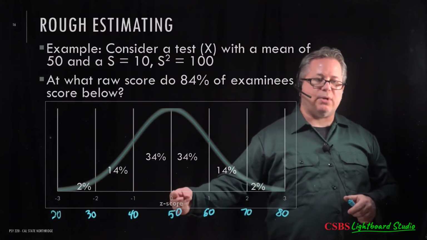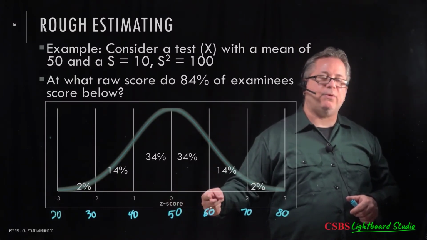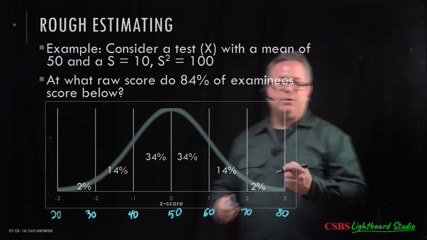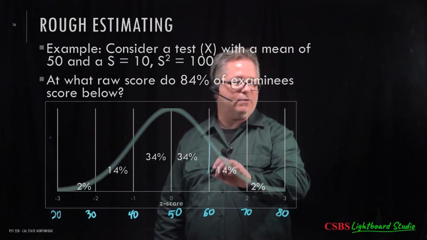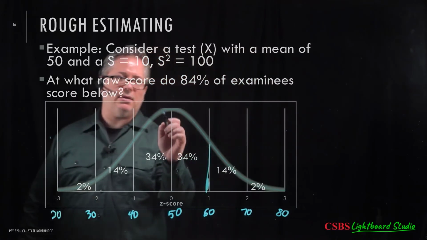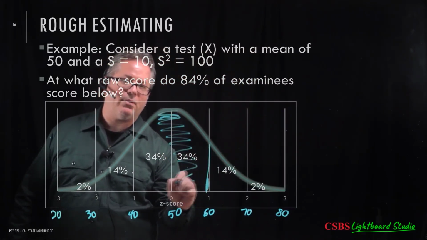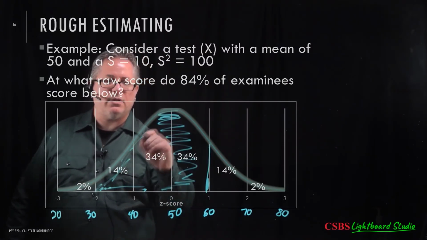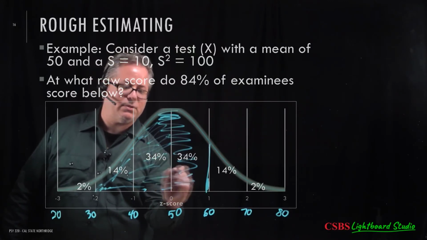If I score at 1 standard deviation above the mean, 50 plus 34 is 84. If I were to score at this point in the distribution, everything below it would fall underneath that point. Sorry about the squeaky noise.